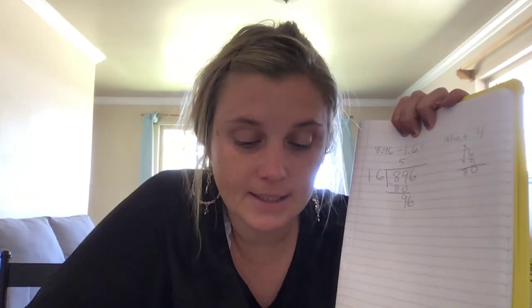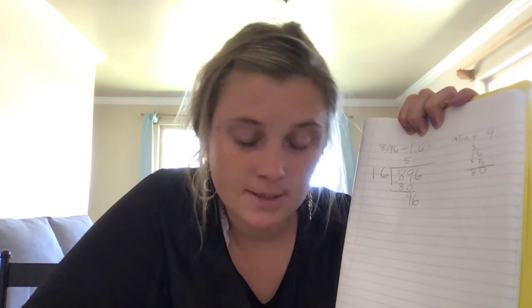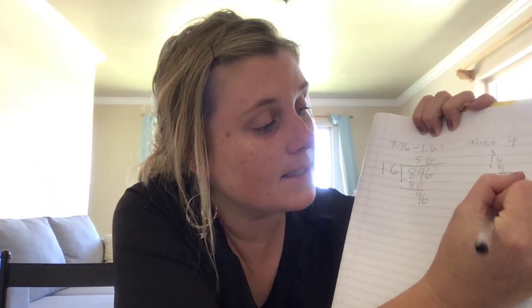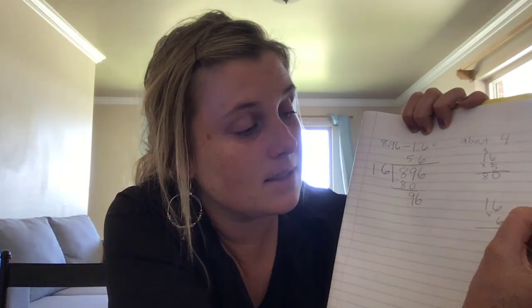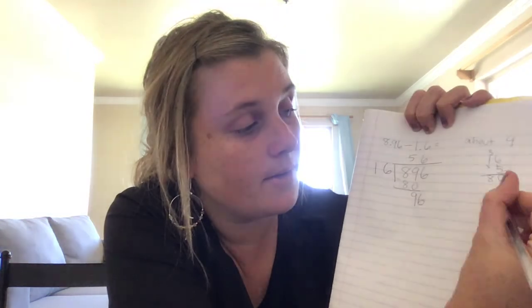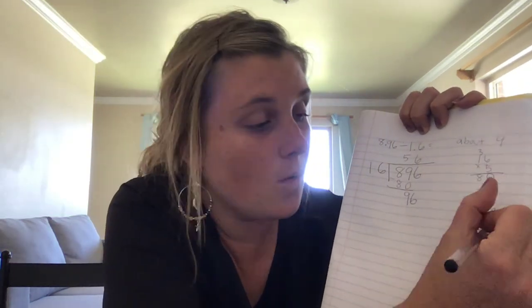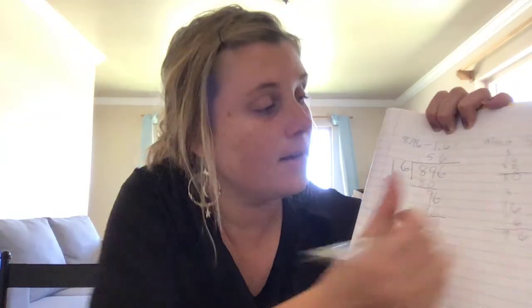Well, let's see. It goes in 32. I'm going to say about 6 times maybe. So now 6 times 16. 6 times 6 is 36. Carry the 3. 6 times 1 is 6, 7, 8, 9. Woo! Right on. 96.